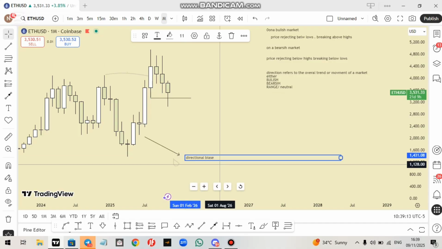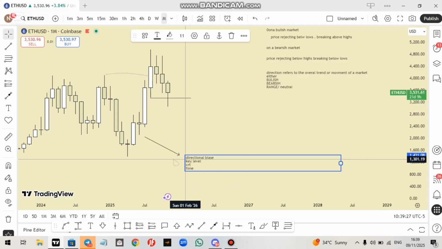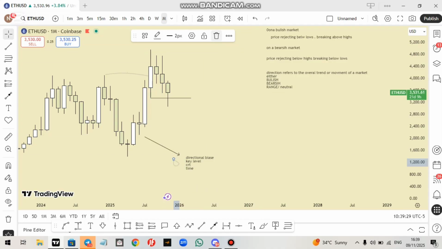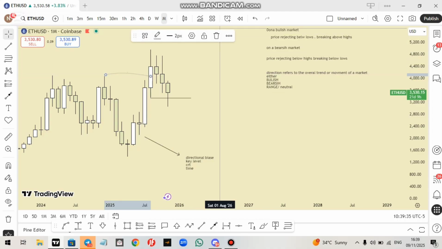The most important one. Secondly is key level. Thirdly is CRT. Then the last one is time. I go with time always. So I look for directional bias, key level, CRT, and time, which is what we are going to be playing out here.